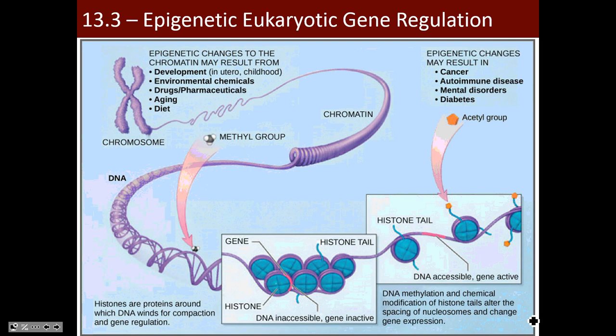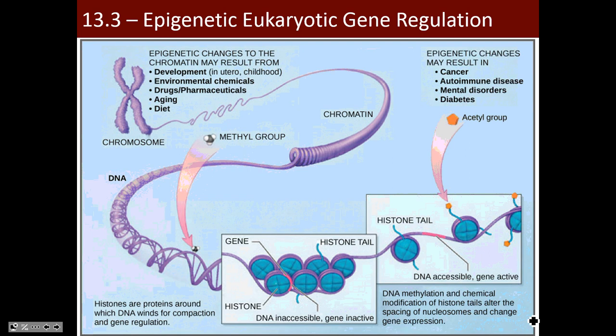Epigenetic changes to the chromatin can happen because of things that you experience during development, like in utero or during childhood. Environmental chemicals, drugs, or pharmaceuticals that you're exposed to, signals that occur as a normal part of aging, and things that can happen because of what you eat in your diet and what your dietary patterns are.